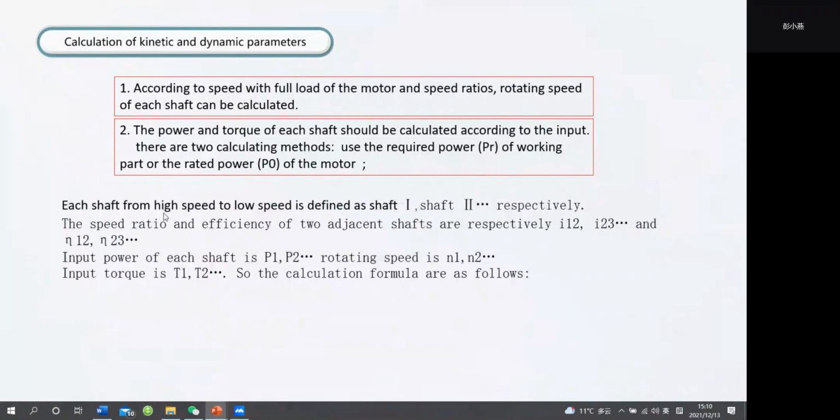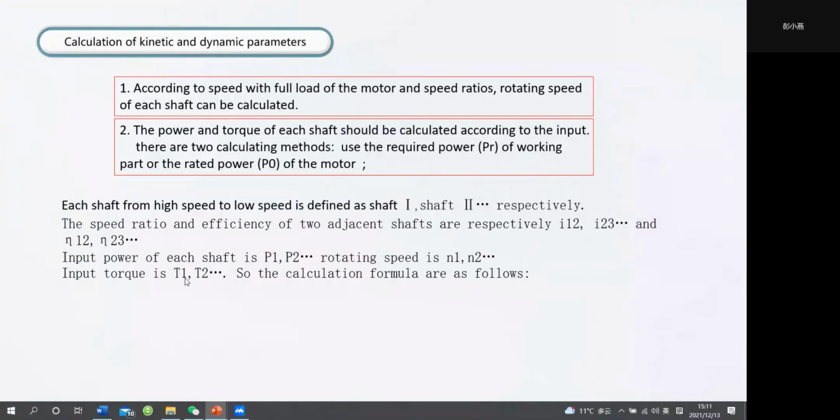Each shaft from high speed to low speed is defined as shaft 1, shaft 2, respectively. The speed ratio and efficiency of two adjacent shafts are respectively I12, I23, and this is for efficiency. And the input power of each shaft is P1, P2, and rotating speed is N1, N2.